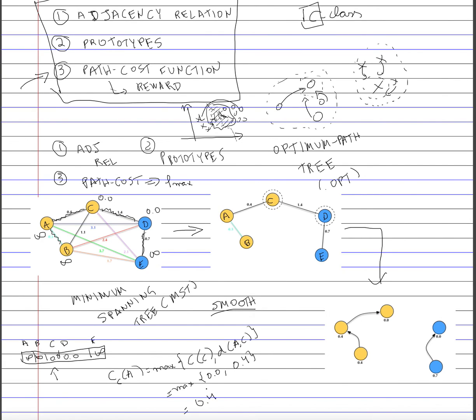So the cost that sample C is going to offer to sample A is going to be 0.4. And 0.4 is much better than a very high value. So the new cost of sample A is going to be 0.4. I'll just update here, 0.4.